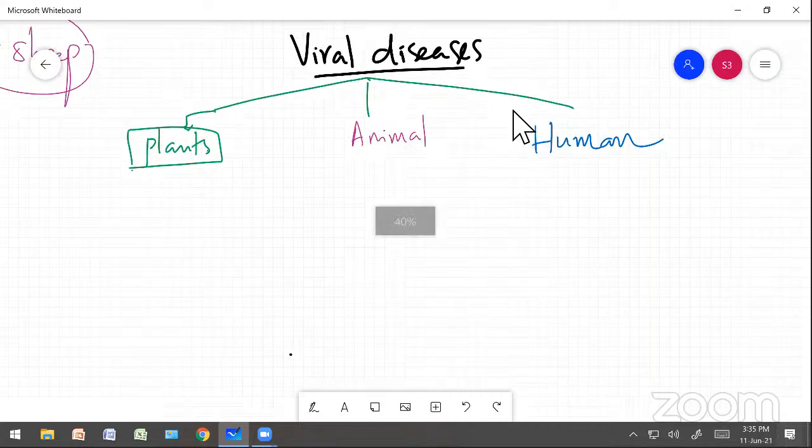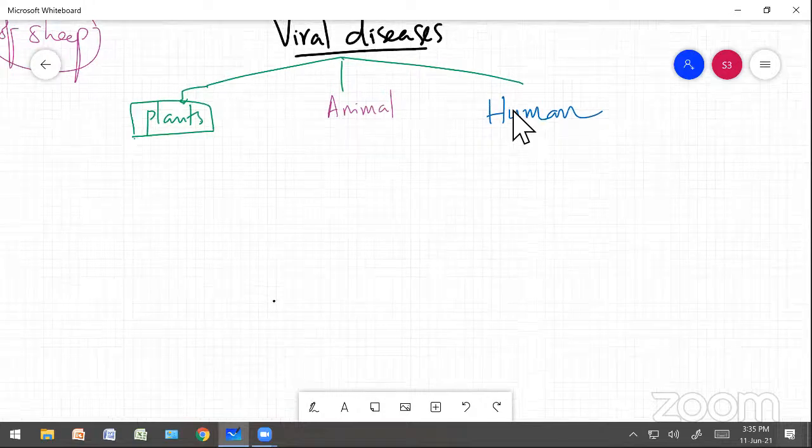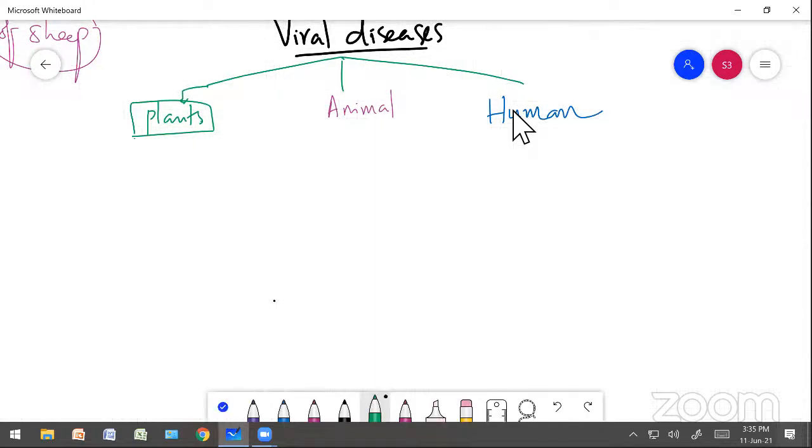I would like to give a short way to understand easily. TCS, which are mosaic diseases. The first disease, TCS, again say T. Simply, T stands for tobacco. Tobacco mosaic disease.